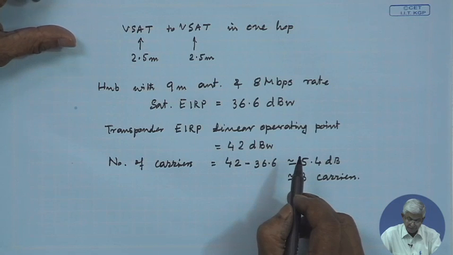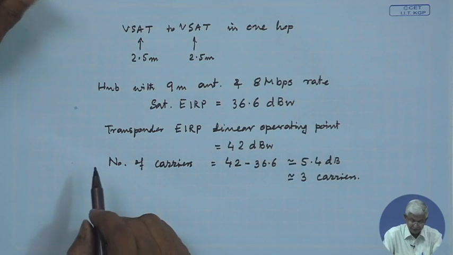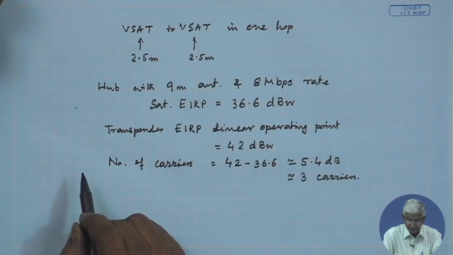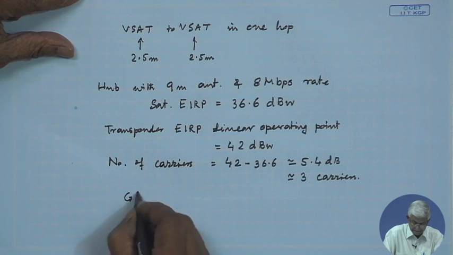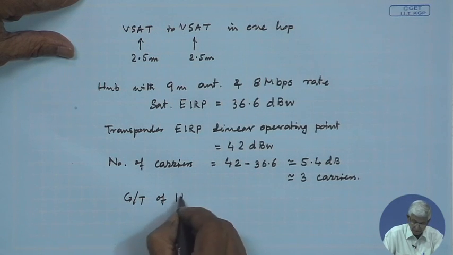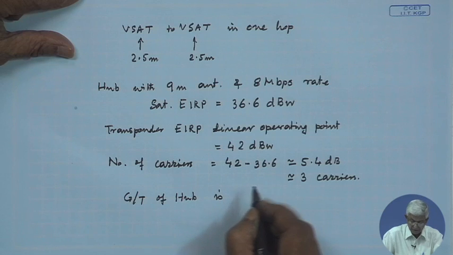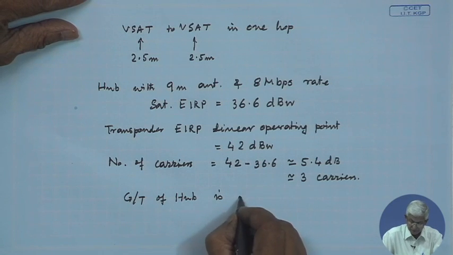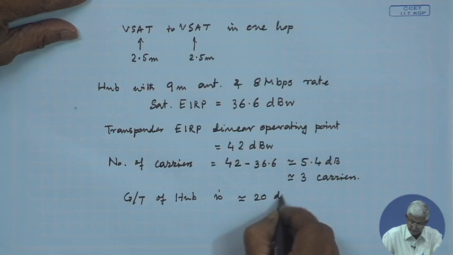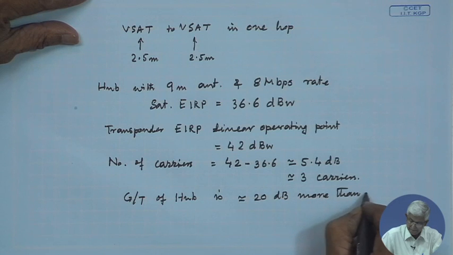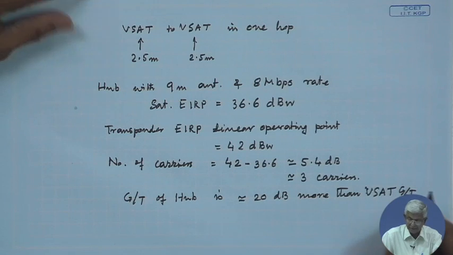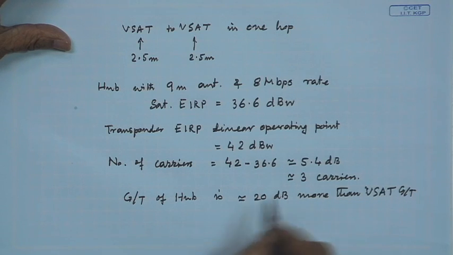But then, if a VSAT is communicating to a hub, the hub antenna is 9 meter. So, its G by T of hub is quite large. It will be of the order of 20 dB more in this particular case than the VSAT G by T, what we earlier calculated as almost near 20 dB per K or 19 point some dB per K, roughly approximately 20 dB.